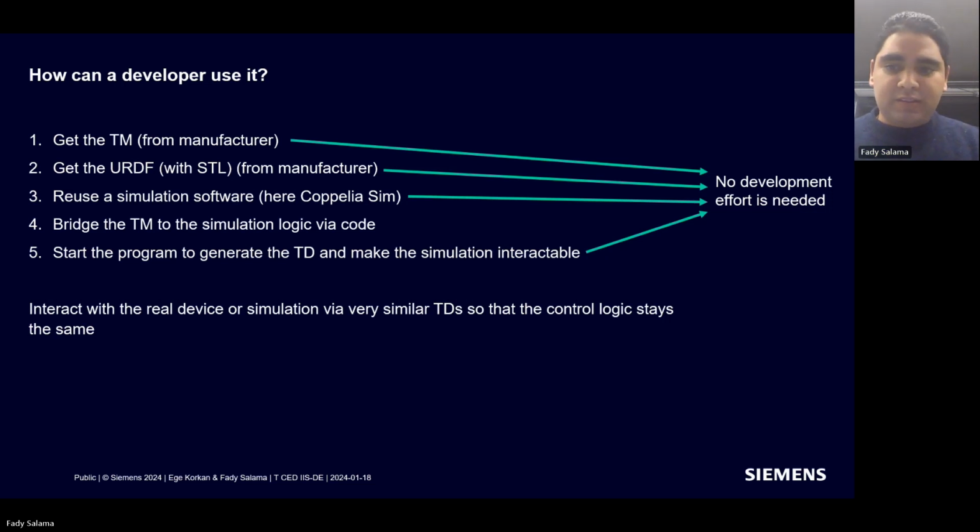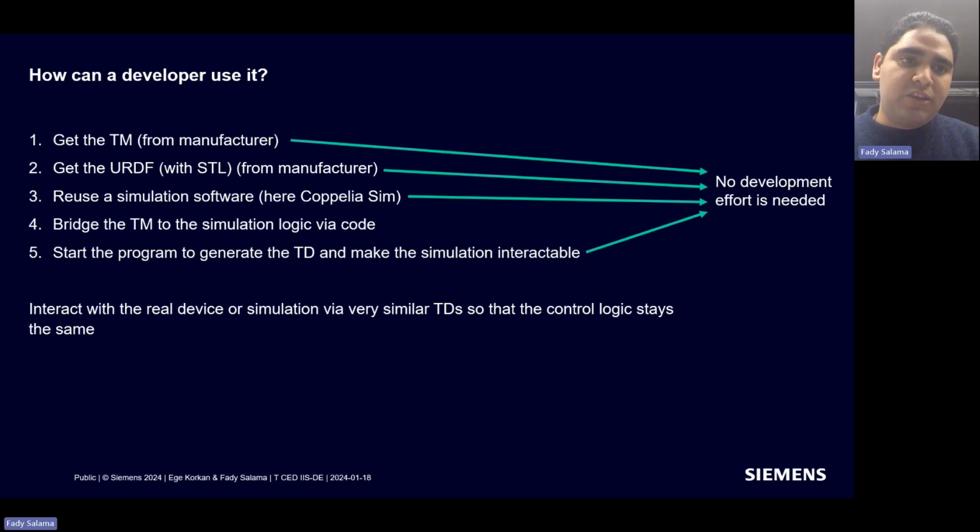Then there needs to be a bridge between how the thing model looks, so basically how the network interfaces of the device look, and the simulation logic that happens via the code. So we need a bridge that does that translation.